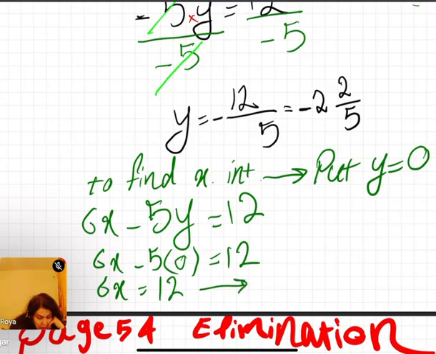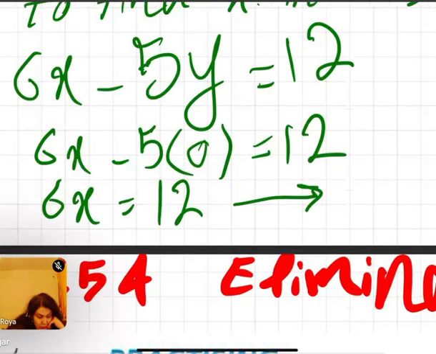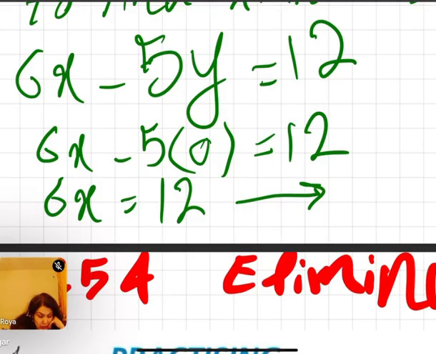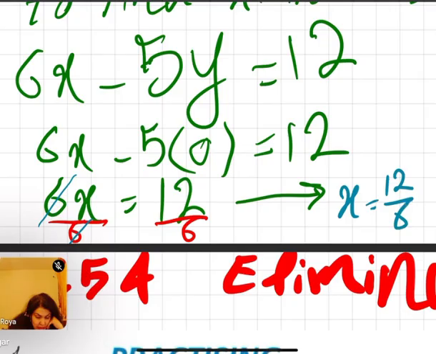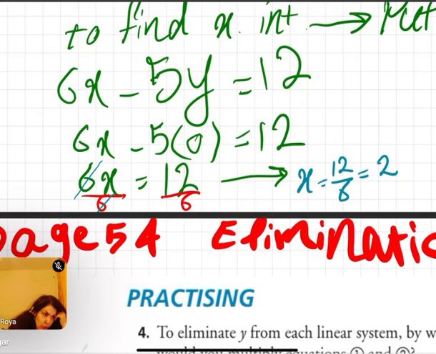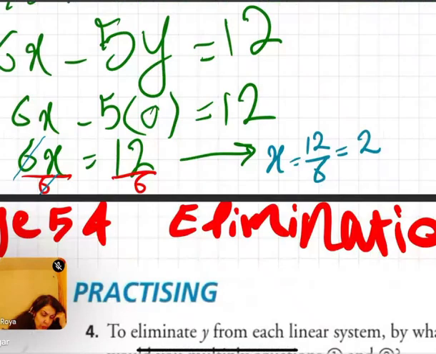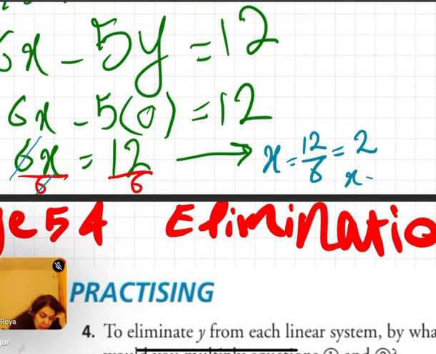As a result, if you divide both sides by 6, because our goal is to isolate x, then we have x equal to 12 over 6, which is equal to 2. So x equal to 2 is the x-intercept.